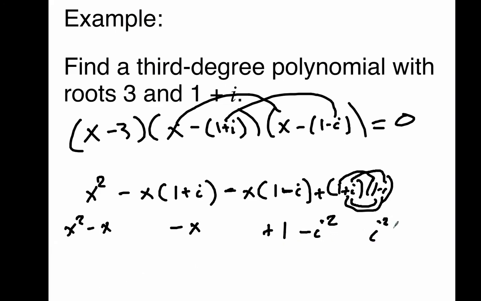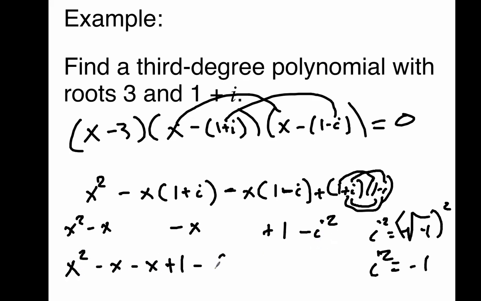Negative i squared. i squared is equal to the square root of negative 1 squared, which is equal to negative 1. So i squared is negative 1, so we have x squared minus 2x plus 1 minus i squared, which is negative 1. Okay, so this is x squared minus 2x plus 1 plus 1, which is x squared minus 2x plus 2.